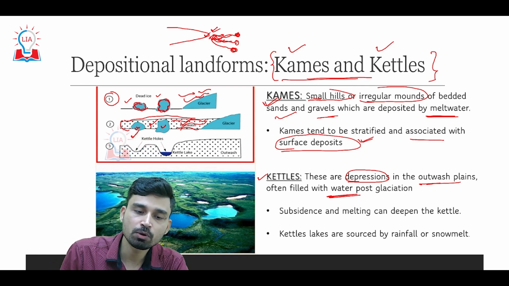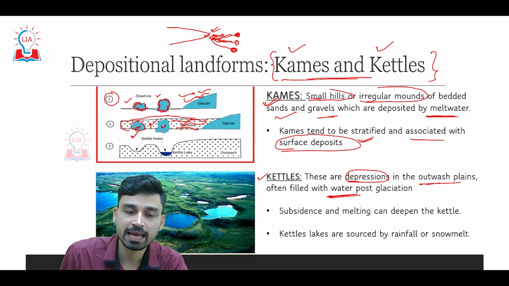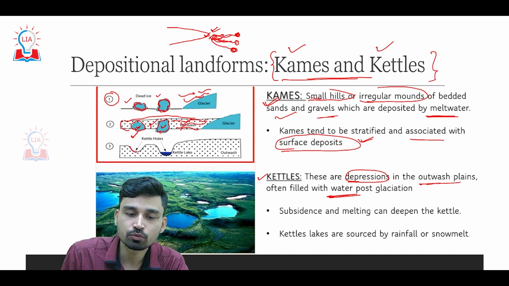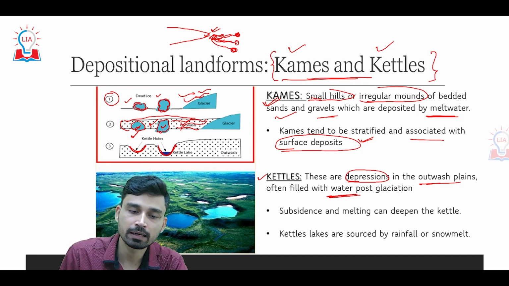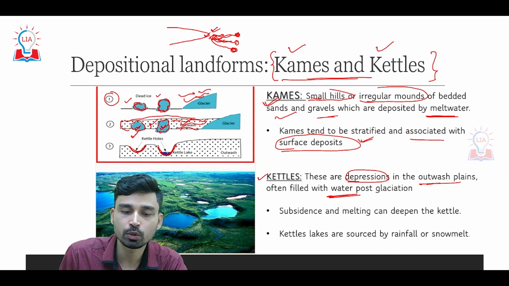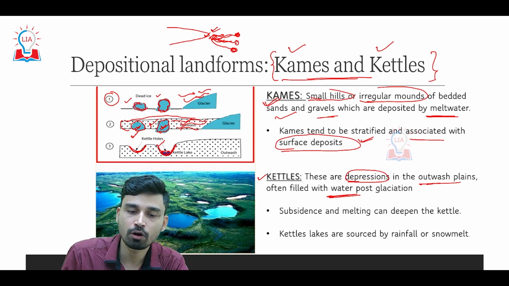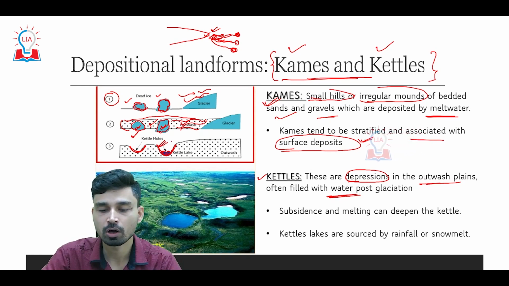But as this ice block starts to melt, the area that has been encompassed by these ice blocks will remain, and thus a kind of depression, a kind of vacant area, will form in the plain areas. And as the ice is melting, it will convert into water. So many times the water will fill up this depressed area, this subsided area, and thus we will have formation of kettle holes and kettle lakes as well.